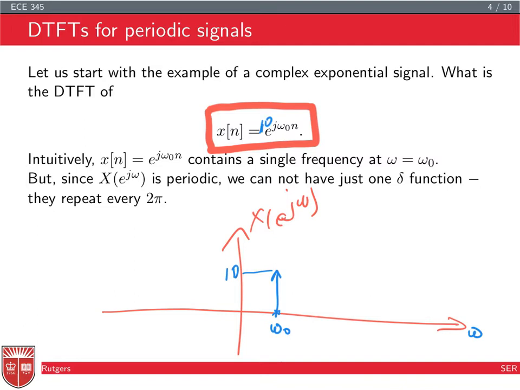But we know that X(e^{jω}) is periodic, so actually what we have is a repetition. So this is true, we'll have one impulse at the frequency ω equal to ω0 in the interval minus π to plus π, and this impulse is replicated. So this is 2π plus ω0, and then 4π plus ω0, and so on and so forth.